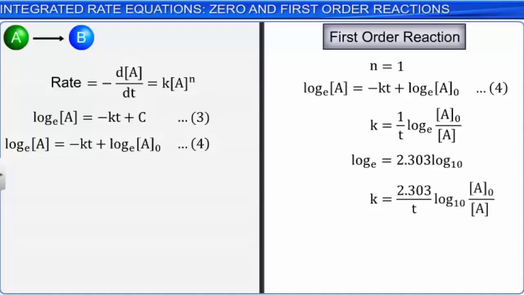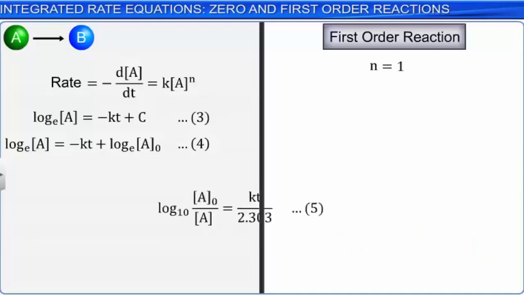This equation can be further rearranged as log([A0]/[A]) is equal to k multiplied by t divided by 2.303. Let this be equation 5.